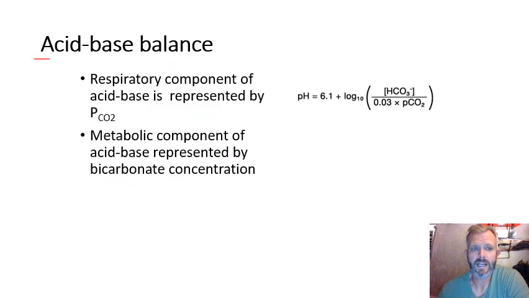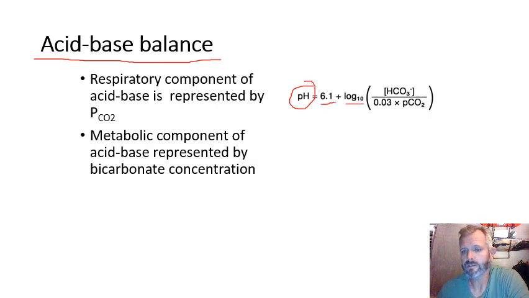Right, and you can see that opposition here. This is the pH of my blood. 6.1 by the log. Not so worried about the log, but look at the relationship. Here is bicarbonate levels, and here is CO2 in the denominator. So if my CO2 levels go up, my denominator is increasing, and I'm making this lower, and so my pH would be lower.